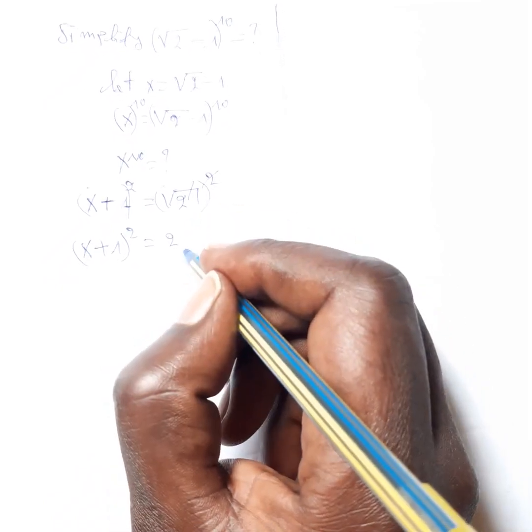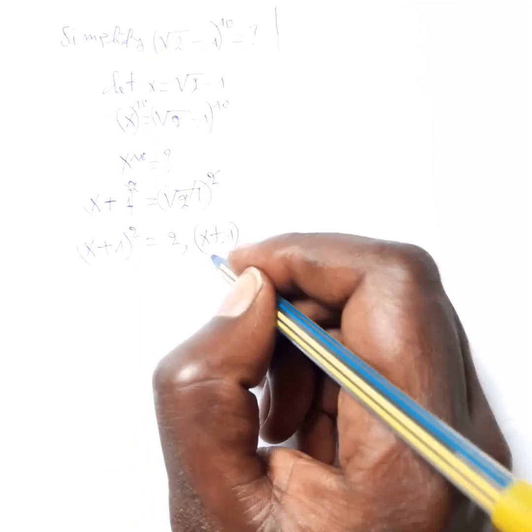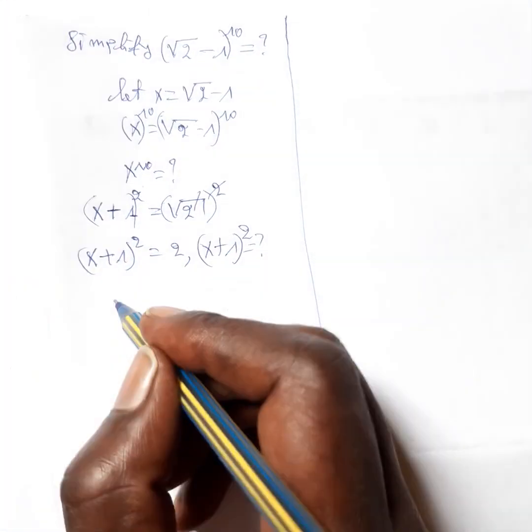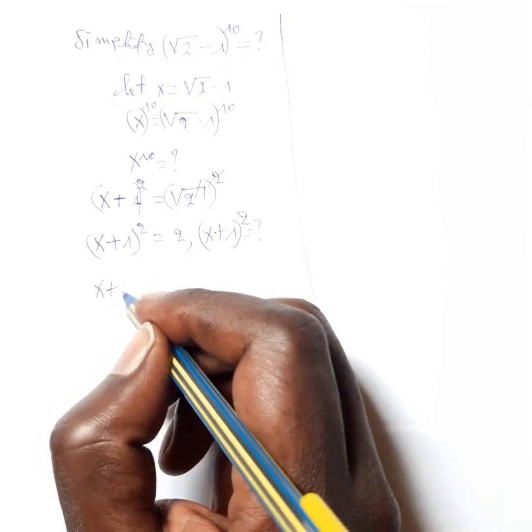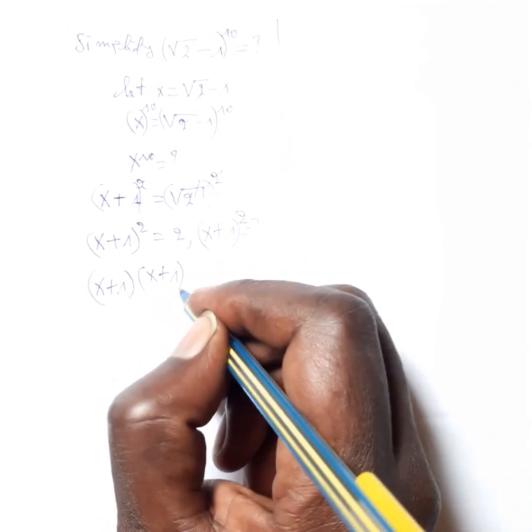Then (x plus 1) squared is first; now (x plus 1) squared times (x plus 1).